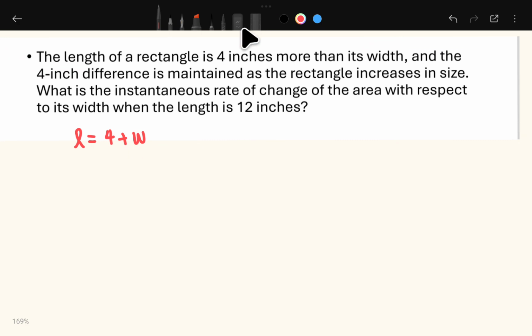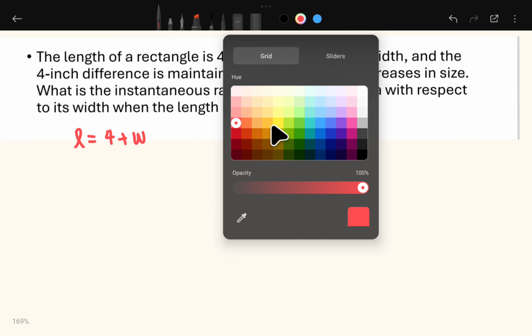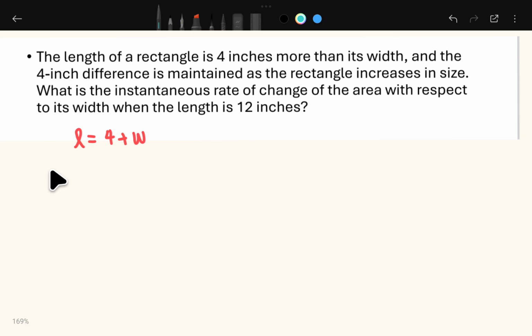So let's try to illustrate the rectangle first. So for example, this is the rectangle. It means that our length is greater than the width. We need to know dA/dW. Our independent variable is width.